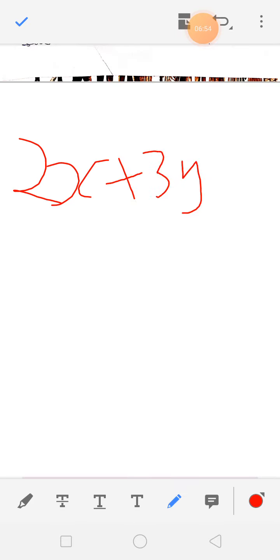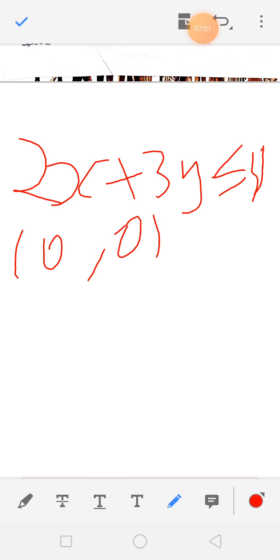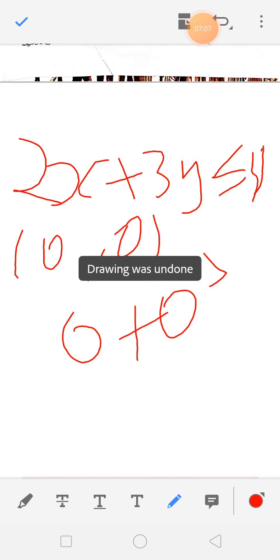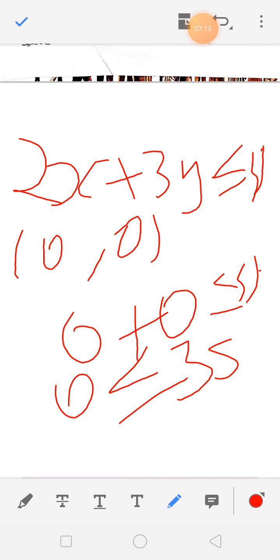Sorry, the question is 2x plus 3y less than or equal to 35, correct? So if I take 0 comma 0 and substitute in this equation, what will you get? 0 plus 0 is 0, and 0 is less than or equal to 35. That is the correct answer, because 35 is greater than 0. So this is correct. So what is the region we have?